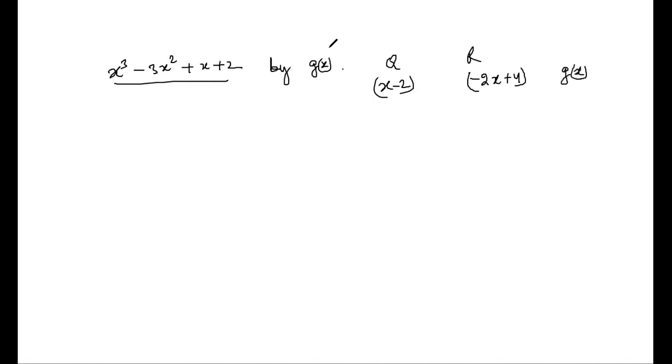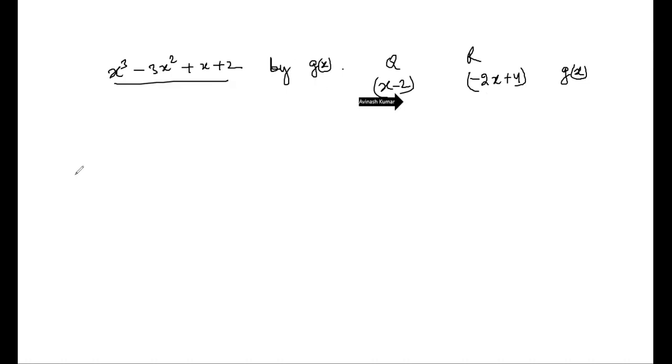So you can see when I will divide this by gx, quotient is coming this much, remainder is coming this much, correct? So you know very well this will become as a divisor, and this is dividend, and this is quotient, and this is remainder, correct?